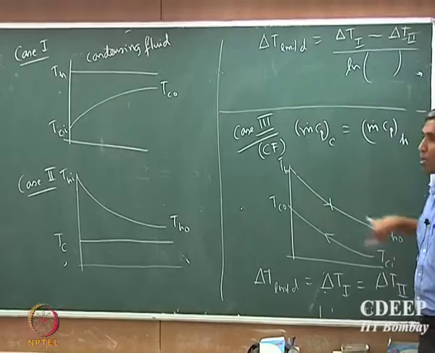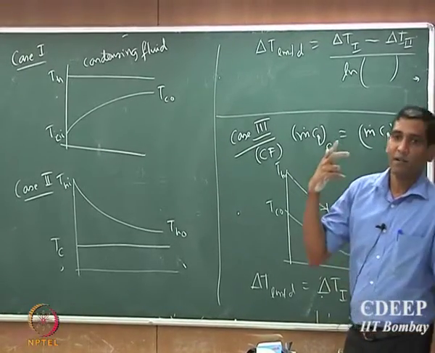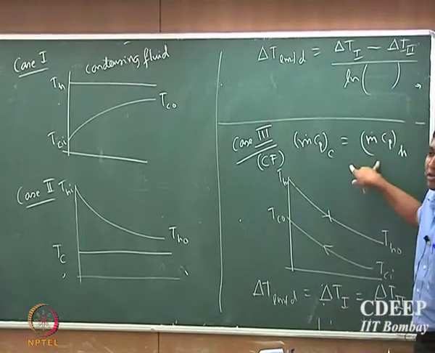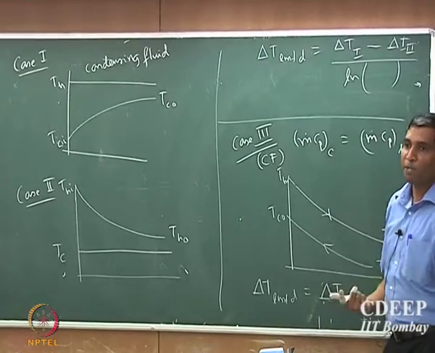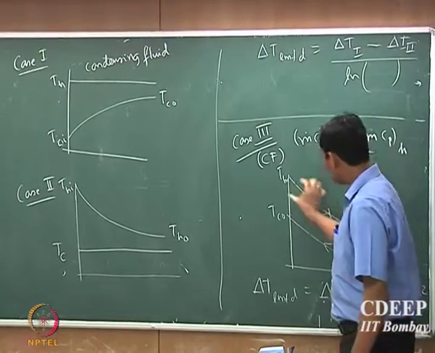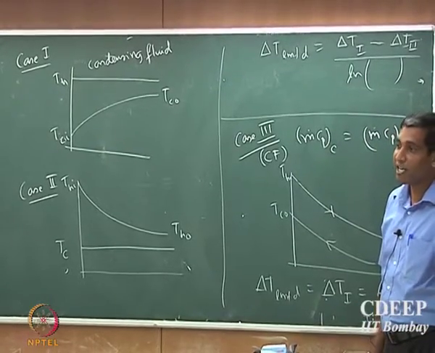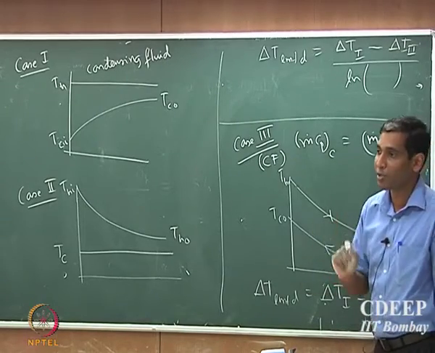That plays an important role in designing your heat exchanger. If you can decide your mass flow rate such that the m dot Cp of the cold and hot fluid are the same, then you have an important property. You are able to predict the temperature profile inside the heat exchanger, which we cannot do in all the other cases. We do not know the exact temperature profile.